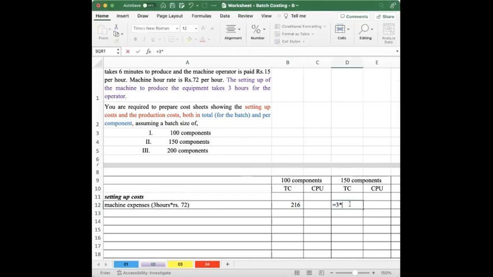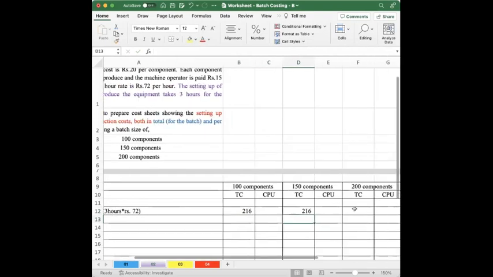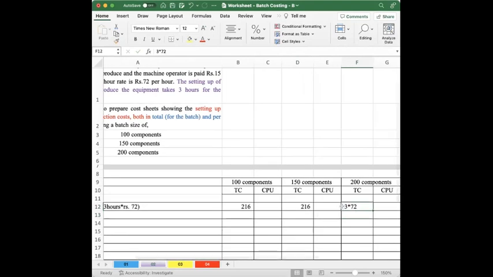It's the same here, right? 3 into 72, again per batch. So it doesn't change the total cost.